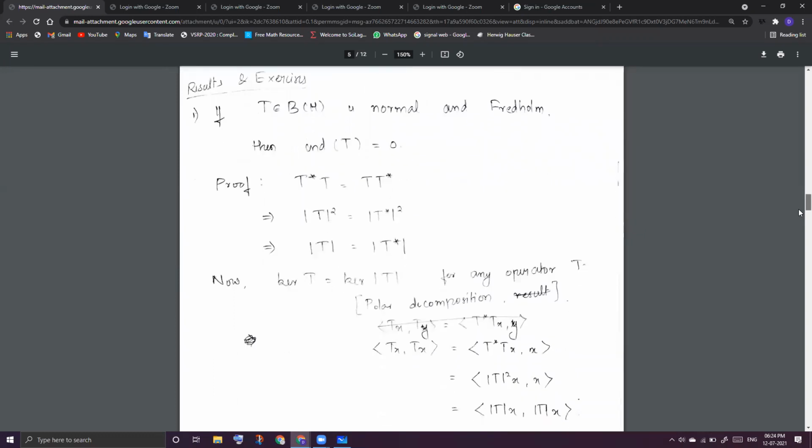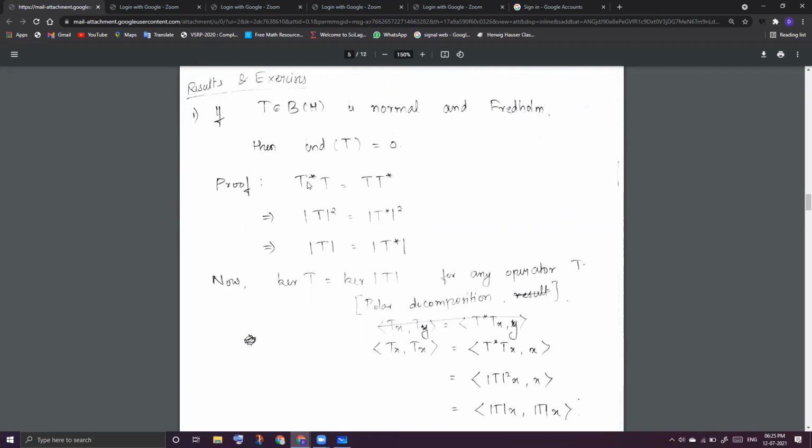So first of all, if T is a Fredholm operator from H to H, where H is a Hilbert space, and if T is normal, then we will have that the index of T is 0. The reason is that T star T is equal to T T star.